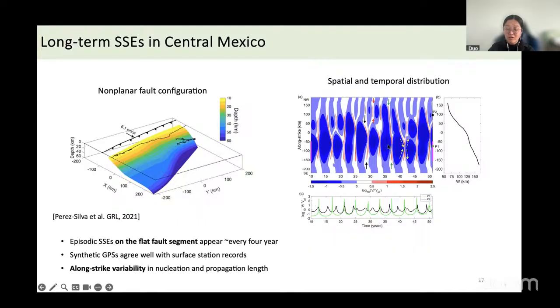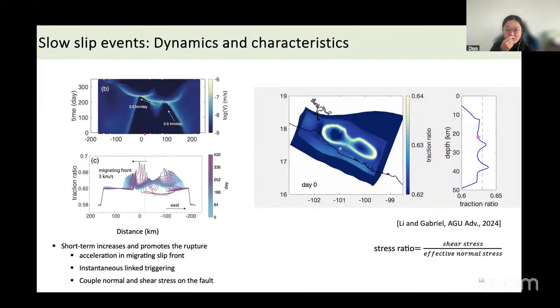So it means a larger magnitude. We compare the recurrence interval and the magnitude with observation. We found the magnitude and the recurrence interval match the observation very well. But it has a very strong along-strike variability. So there are some smaller events to the north, and this can also be explained by the observation.